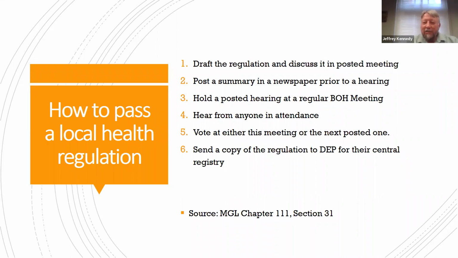Boards of Health, Mass General Law, Chapter 111, Section 31. You have the authority to make reasonable health regulations. And a lot of times you will make local health regulations to cover a gap that perhaps the state regulation doesn't have. So you have the Board of Health go over the regulation, in the mid-1990s.